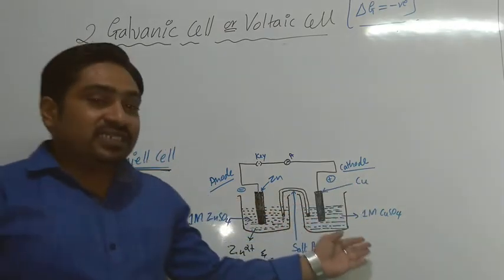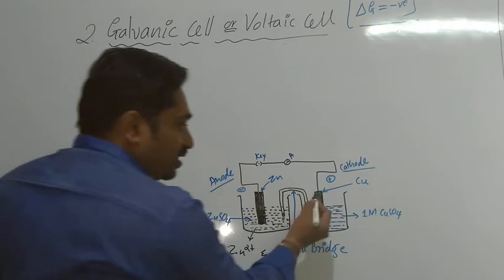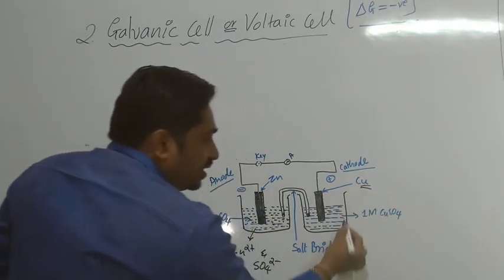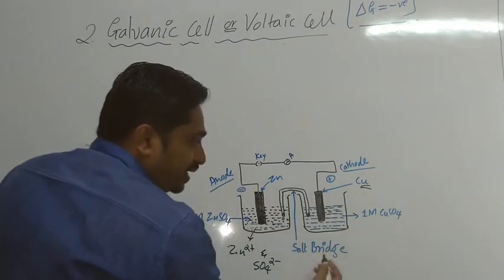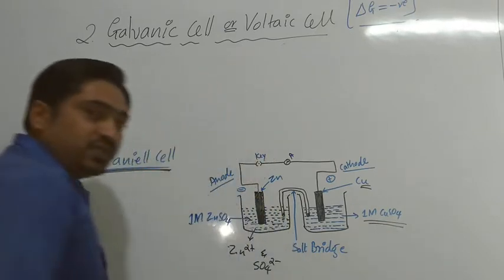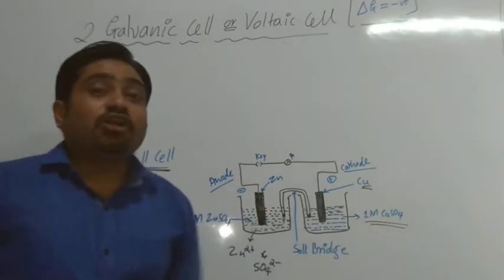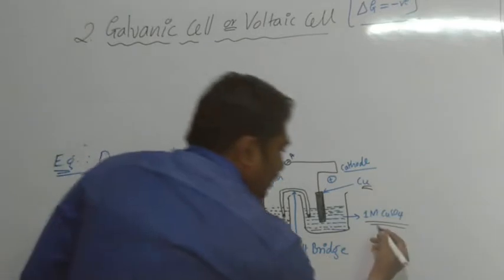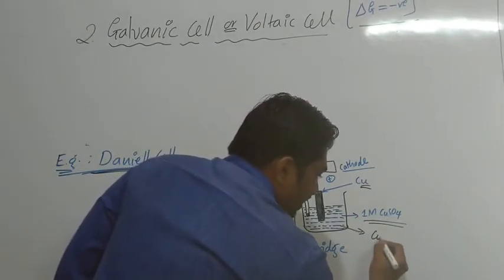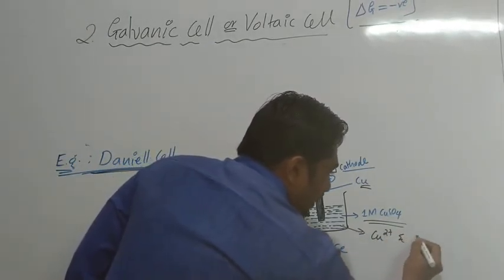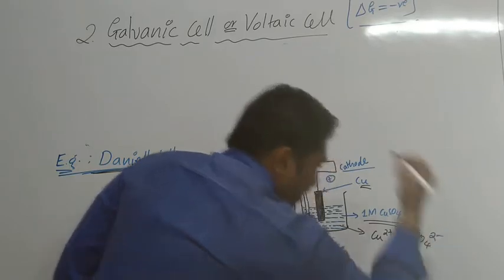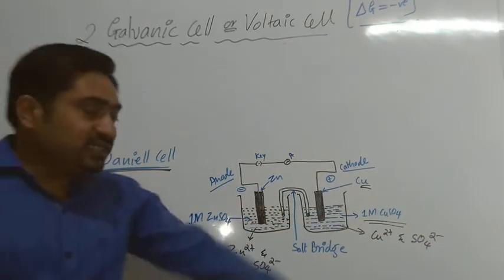The right side is the copper electrode. Here is our copper metal, dipped in a 1 molar copper sulfate solution, which has Cu2+ and SO4 2- ions.